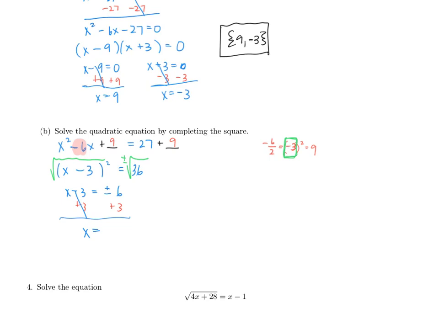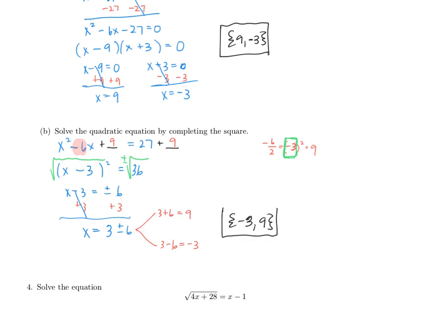That is not correct. This is 3 plus or minus 6. This gives us 2 answers. 3 plus 6, which is 9. 3 minus 6 is negative 3. So see, if you said plus or minus 9, you would have gotten one of the answers right and one of the answers wrong. So we got our 2 answers of negative 3 and 9.